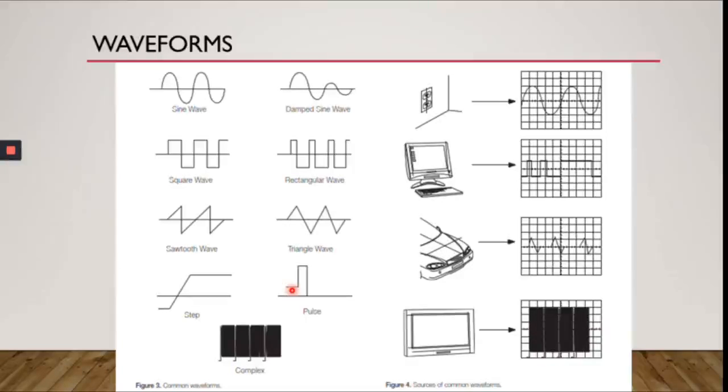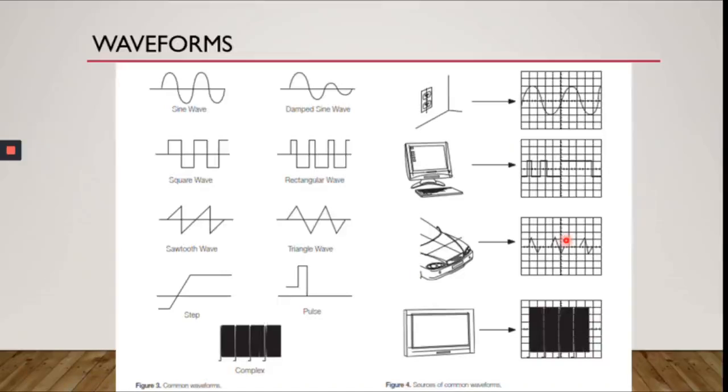So these are simple examples of electrical waveforms that are usually measured using an oscilloscope. The most common one is the sine wave. We usually get this type of waveform when we measure output from our sockets or electrical power points. So we'll see sinusoidal waveforms such as this. If we measure the output from our normal PC monitors or PC systems, then for some of the components we are going to be seeing square waves.